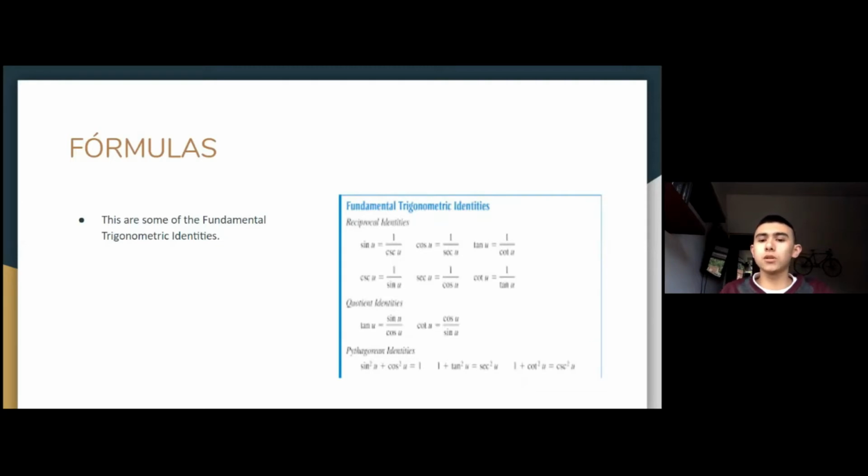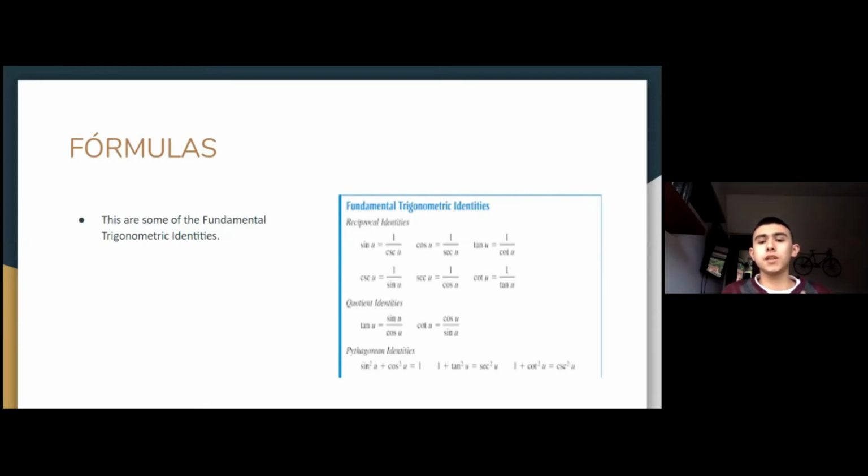In the reciprocal identities, we can use one of the identities that are shown there. For example, we can use sin of u or cosecant of u, which is basically the same.